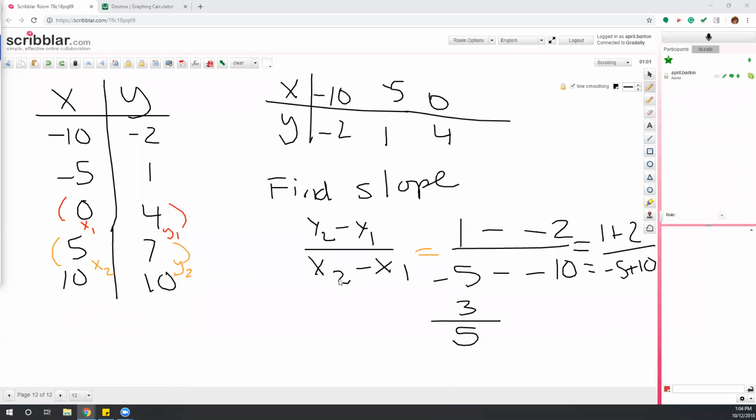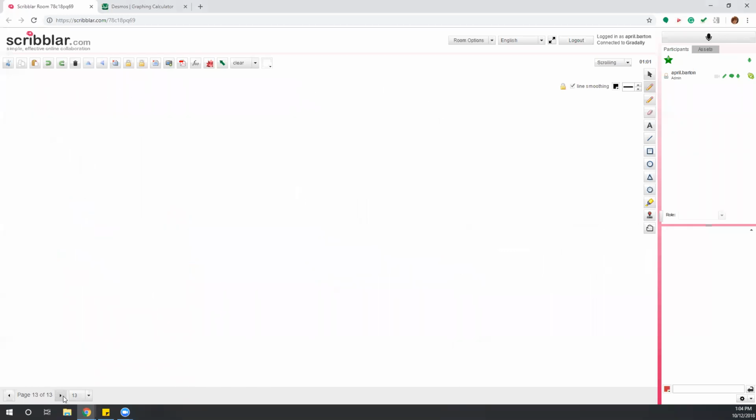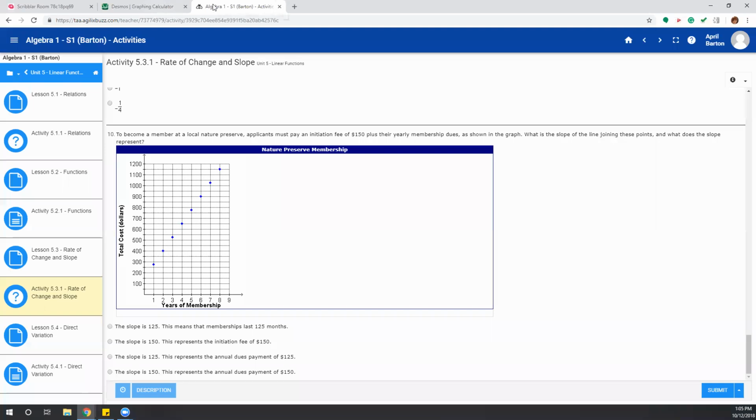Okay. So the last type of problem in this rate of change in slope is one where there's an actual application, like it's being applied to a real world type problem. To become a member of a local nature preserve, applicants must pay an initiation fee of $150 plus their yearly membership dues as shown on the graph.